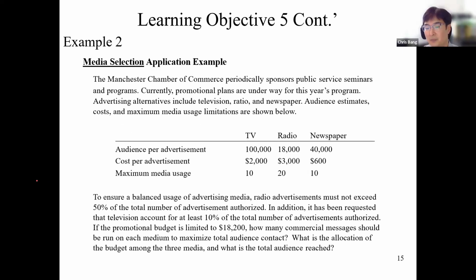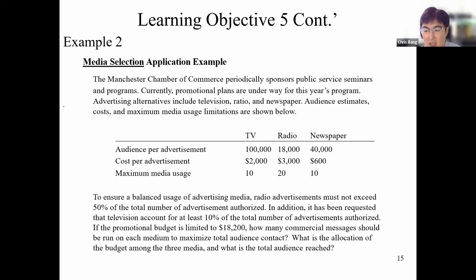In this example, the advertising options are television, radio, and newspaper. Each medium has a different audience size per ad, a different cost per ad, and a maximum use limit. There are also additional policy constraints. For example, radio ads cannot exceed 50% of all ads.